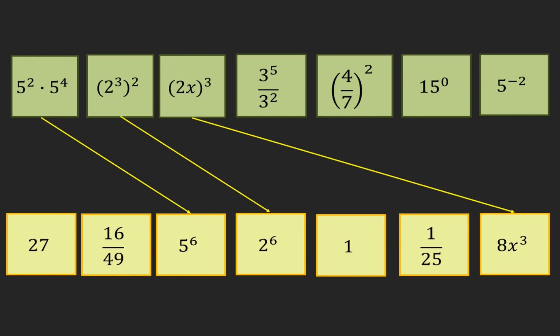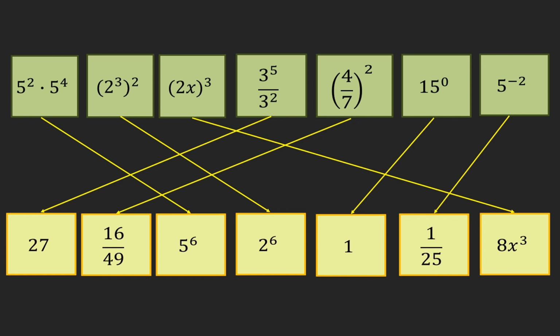We have 3 raised to 5 over 3 raised to 2 is equal to 27. Next, 4 over 7 squared is equal to 16 over 49. 15 raised to 0 is 1. And then the last one, 5 raised to the negative 2 is equal to 1 over 25.